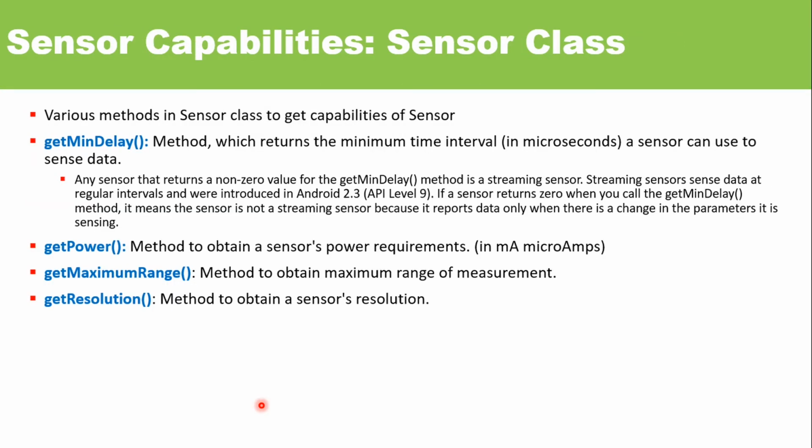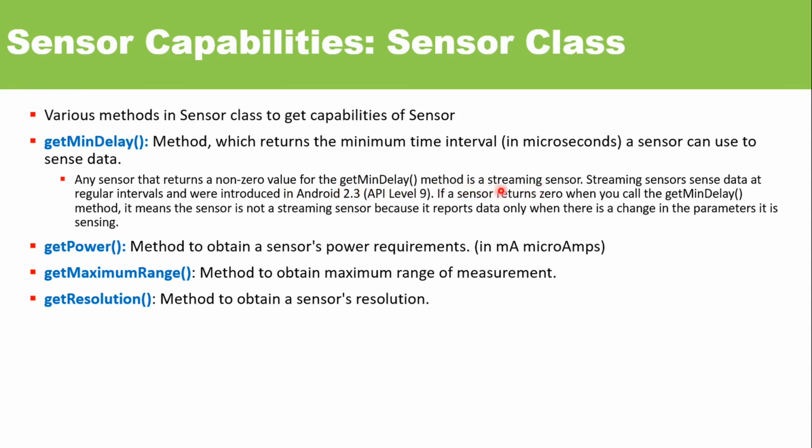Now moving on to the sensor capabilities. These sensor capabilities can be retrieved from the Sensor class. There are various methods in the Sensor class to get the capabilities of a sensor. The first one is getMinDelay. This method returns the minimum time interval a sensor can use to sense data, in microseconds. Any sensor that returns a non-zero value, like 1, 2, 3, for the getMinDelay method is known as a streaming sensor.